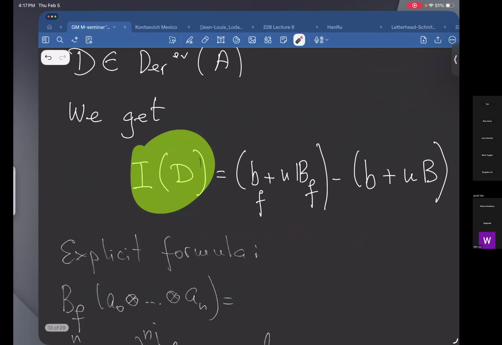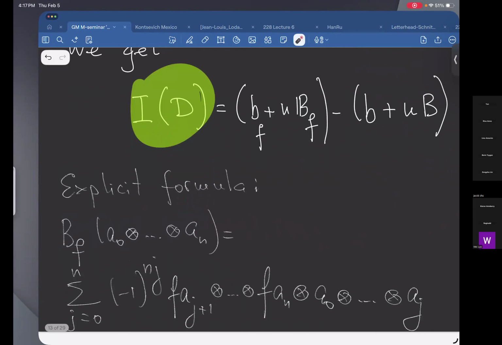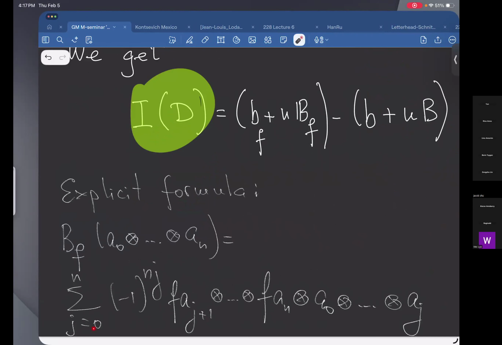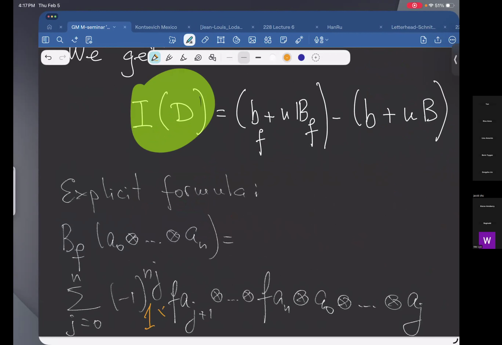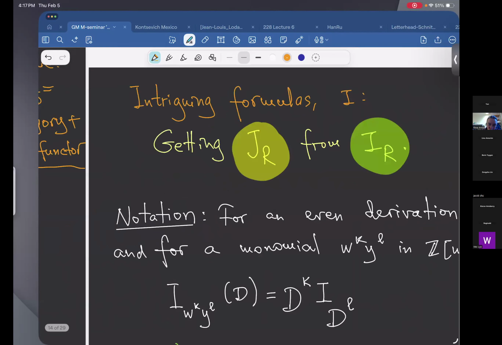And by the way, the explicit formula for the homotopy, everything is good, but crucially I forgot, as you saw in the formulas, to multiply it by 1. If you look at the formula, you will recover that they are absolutely explicit. Okay, so intriguing formula number 1.